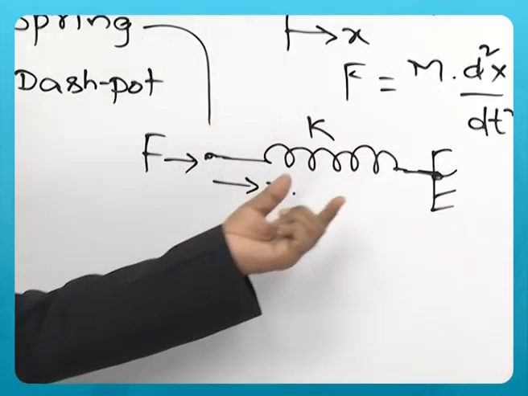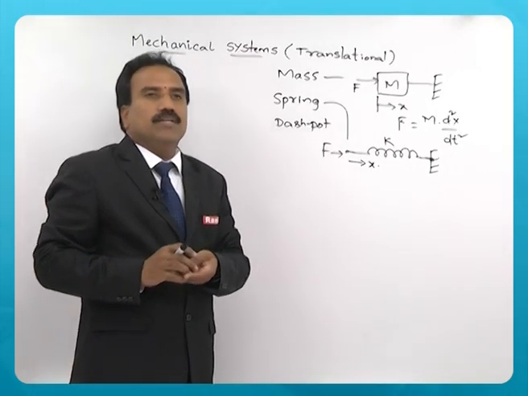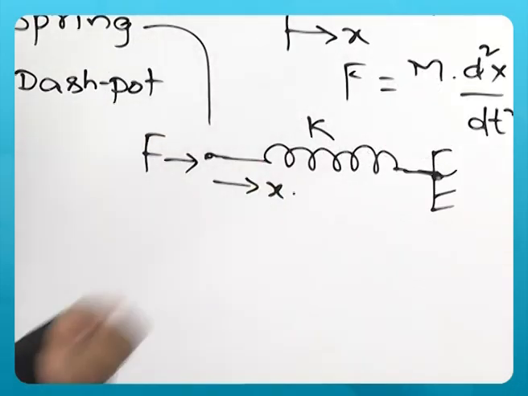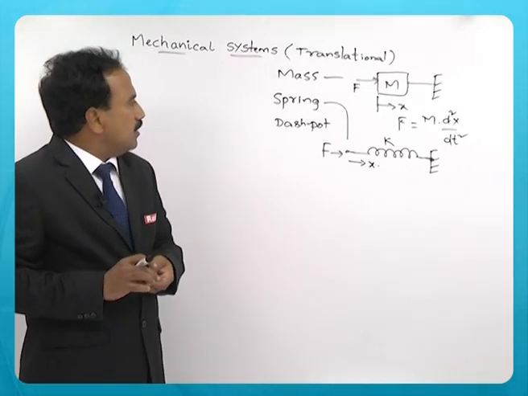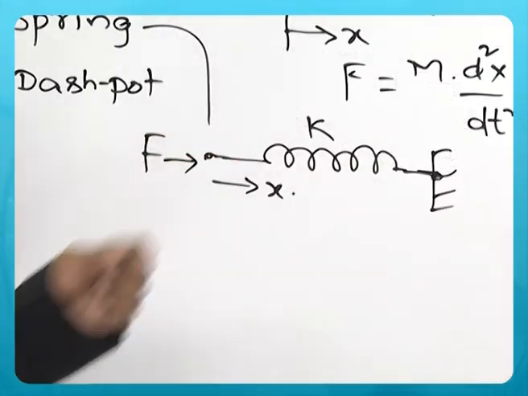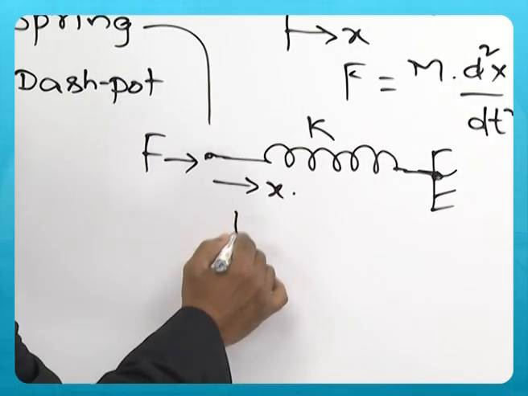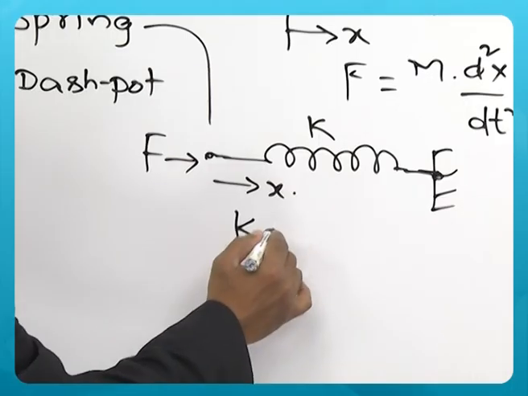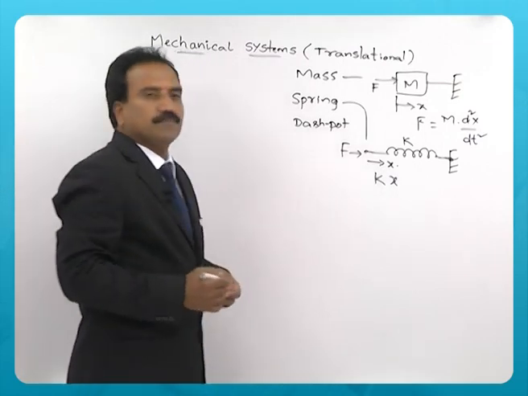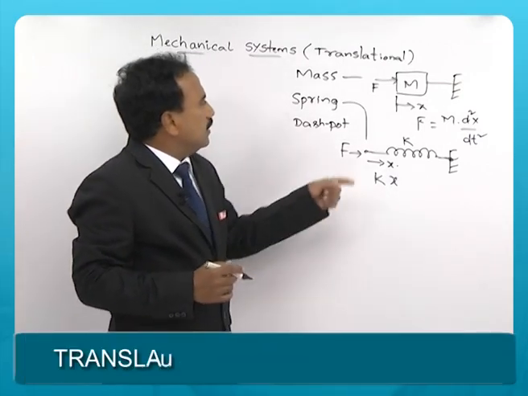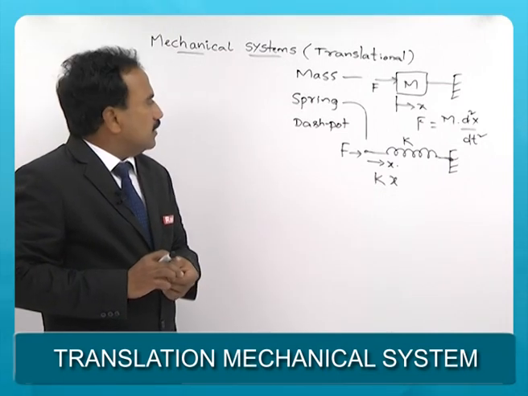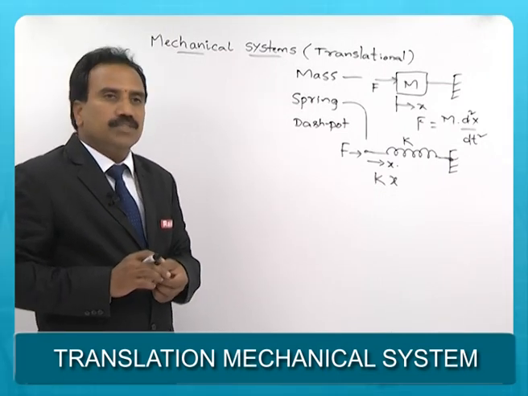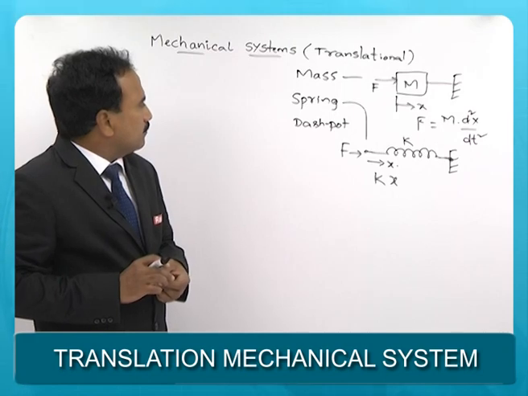Now, the elastic deformation in a body is given by this spring force. So, the opposing force due to the spring is given by spring constant and displacement. Spring indicates the elastic deformation of a body.